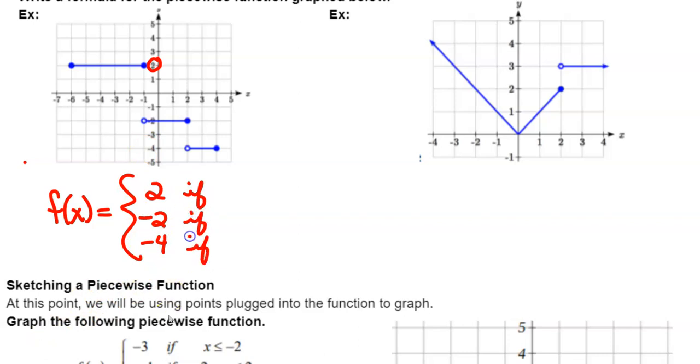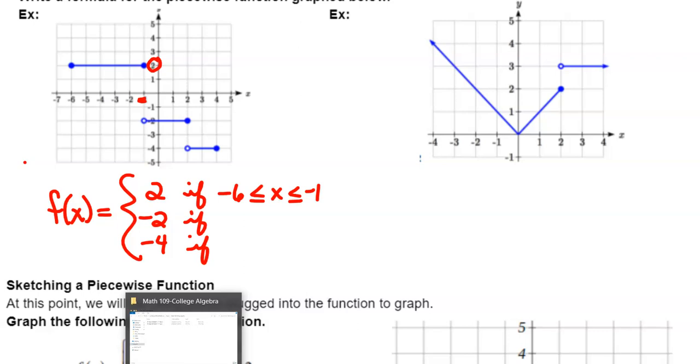So if, what are the ranges for our x's? Now, each one of these are bounded. So like this one, I'm starting at negative 6, and I'm going to negative 1. So that would be if negative 6 is less than or equal to, because I have a solid dot, x, which is less than or equal to negative 1.